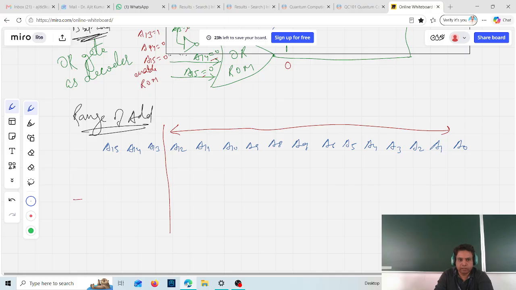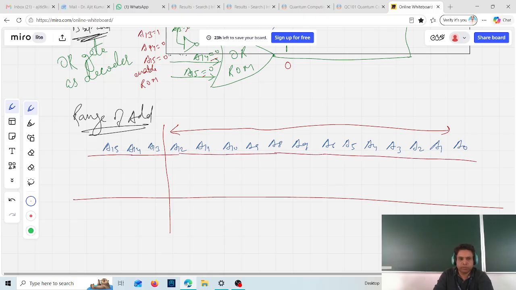This portion is for the RAM and this portion is for the ROM. Now, if you recall, these wires A0 to A12 are directly connected with the RAM and ROM.